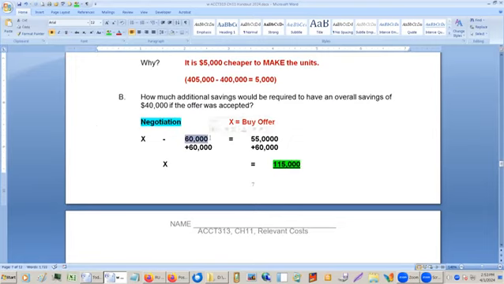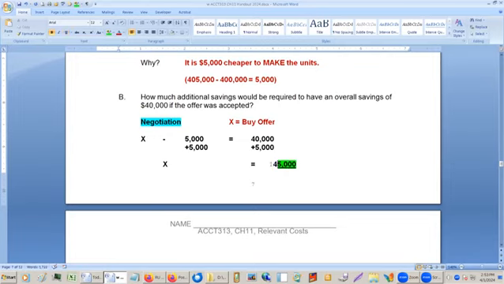So this has to be $5,000. It is already $5,000 worse off. We want an overall savings of 40,000. And I have extra zeros on that one too. Okay, so this would be 5,000. All right, so this would be 45,000.